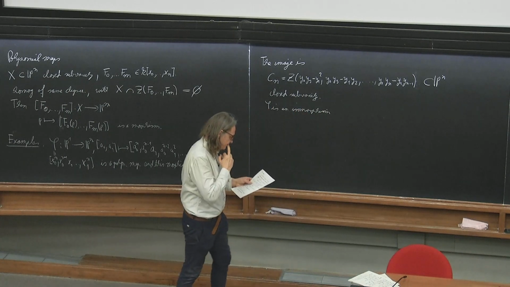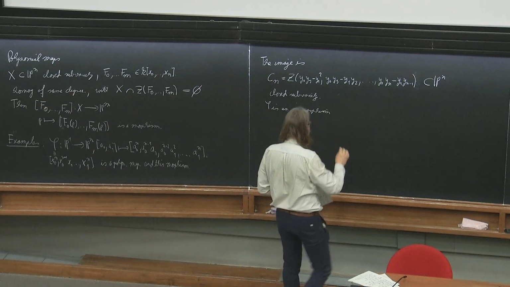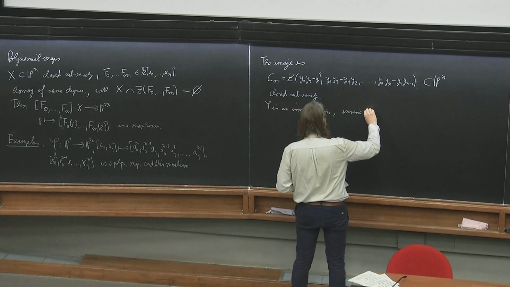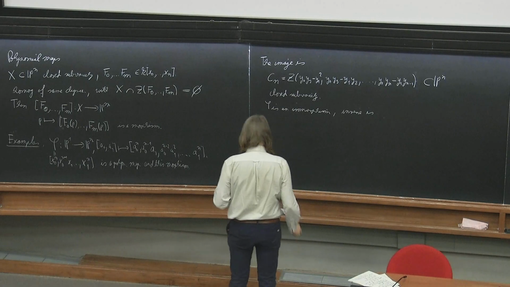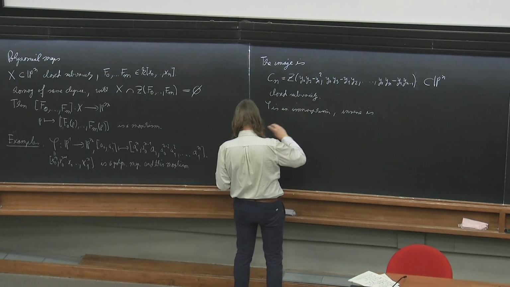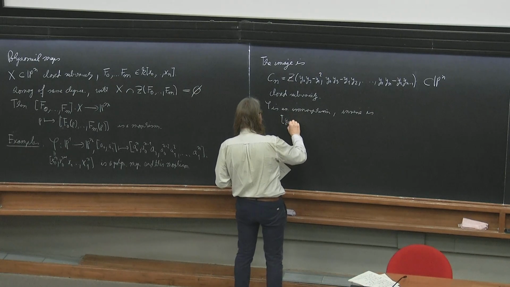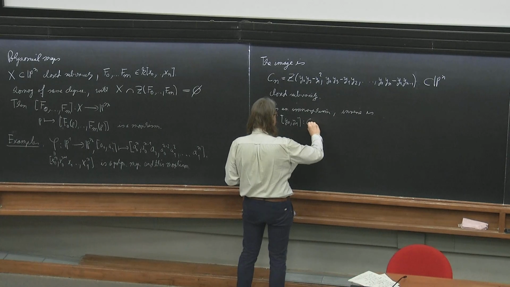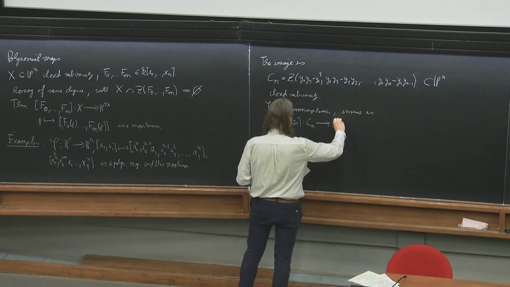Because I can give the inverse map. It's very simple. It's just a projection to the first two factors, y0, y1, to P1.